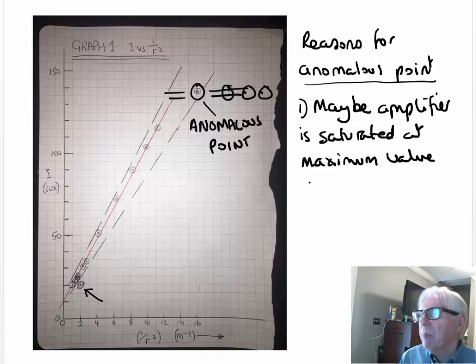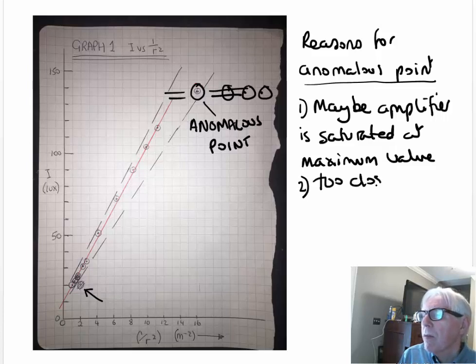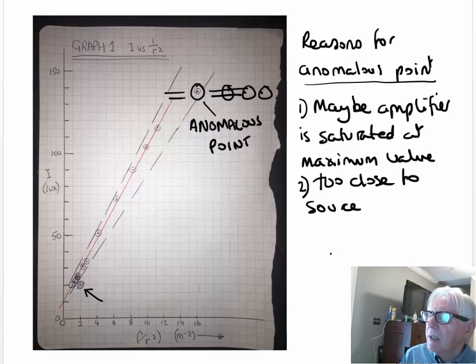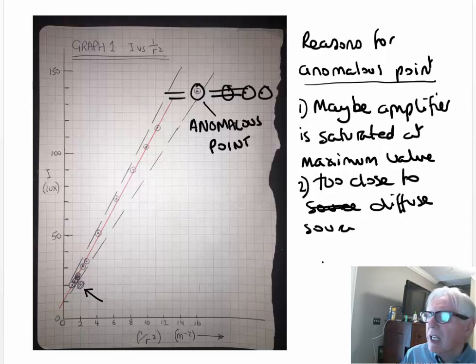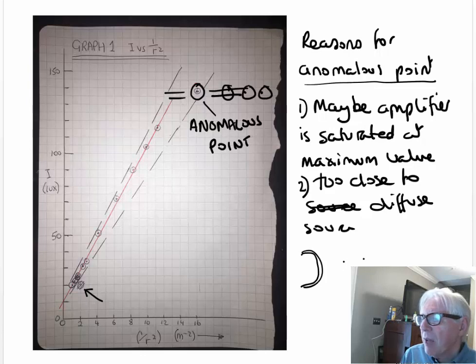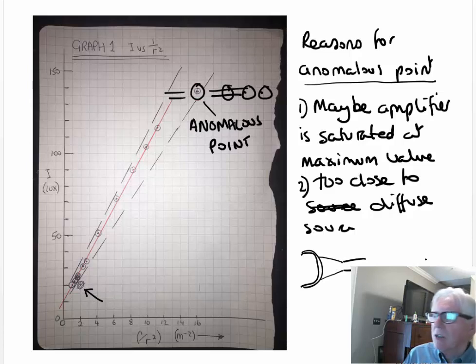Another thing that might be happening is being too close to the source. By using too close to a diffuse source, a light with a frosted glass, if I am so close, I might only encompass part of the surface, and if I'm further away, I'll encompass all of the surface.